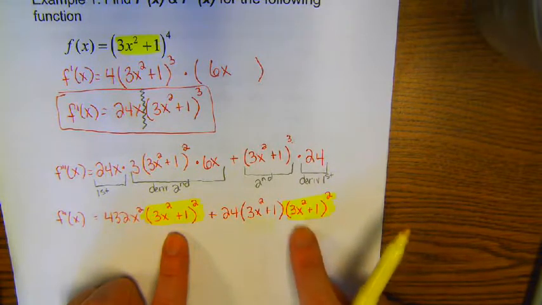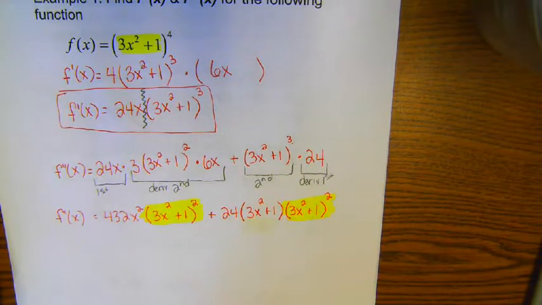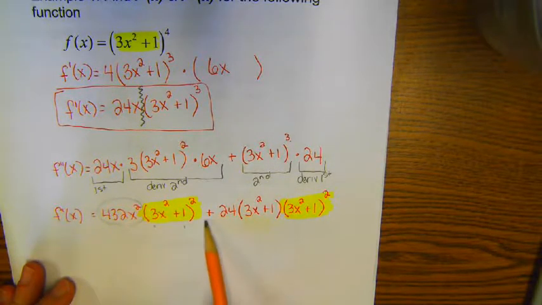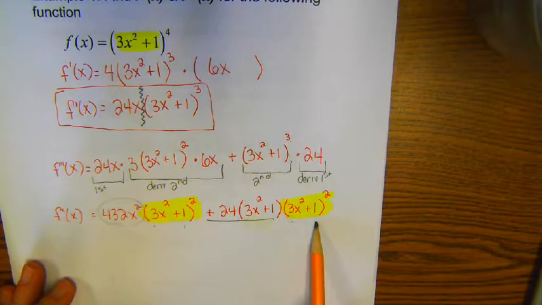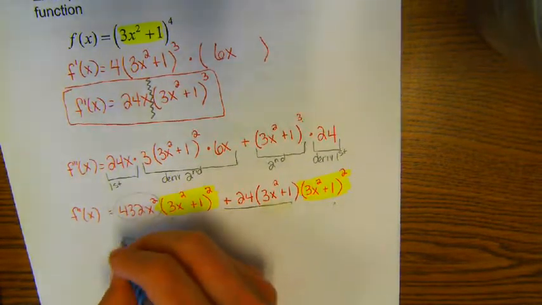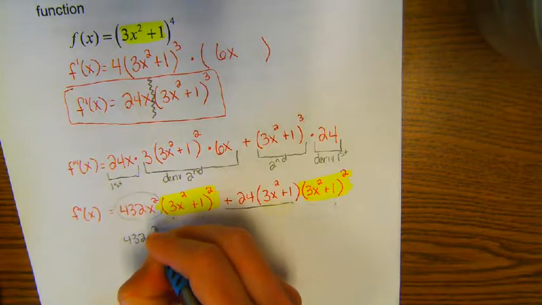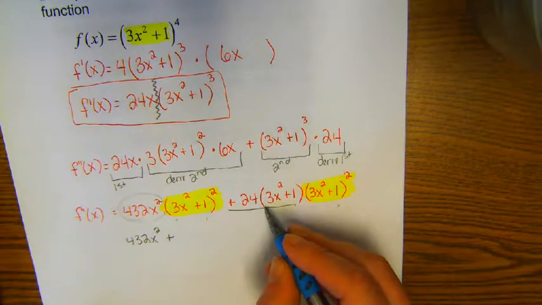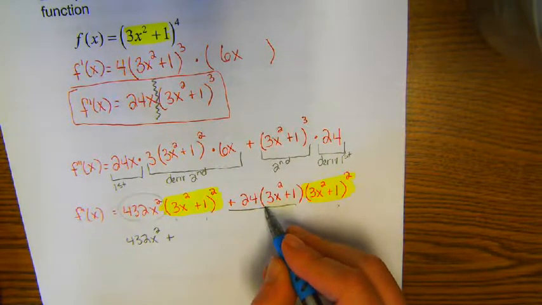It's almost like if I would say to my algebra students, if I had 5 x's plus 6 x's, I have 5 plus 6 x's, right? So what this means is, if I have 432x squared in front of here, plus this in front of here, I can rewrite that as 432x squared plus, can somebody quick do 24 times 3, please?